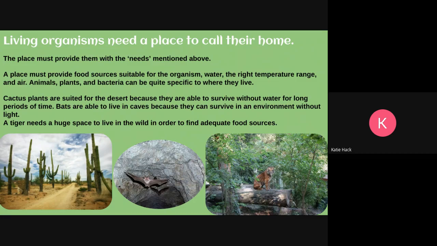Animals, plants, and bacteria can be very specific to where they live. Like the cactus, it doesn't need much water, so it can live in the desert. The bat doesn't need as much light, so it can live in a dark cave. But a tiger, it's going to need a lot of space so that it can have an adequate food source.